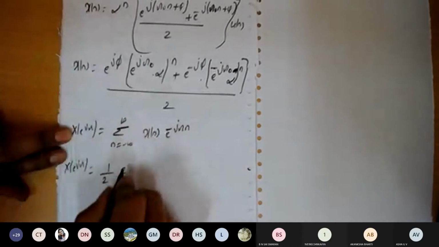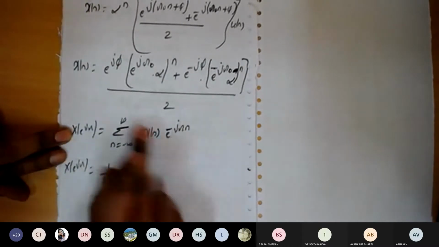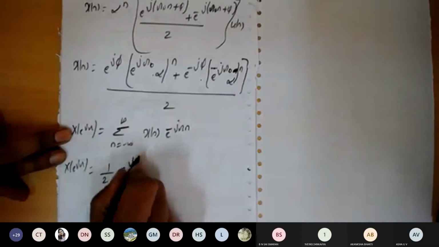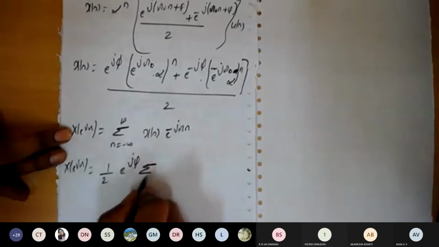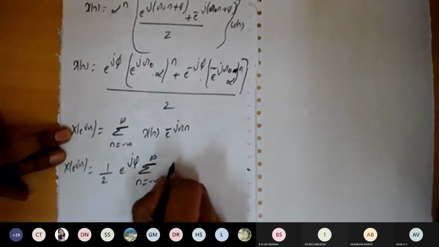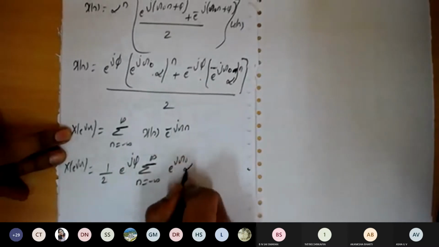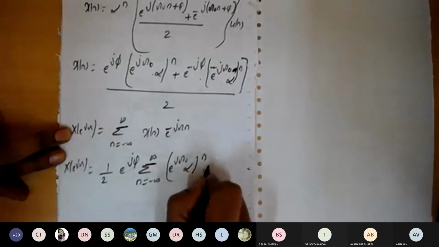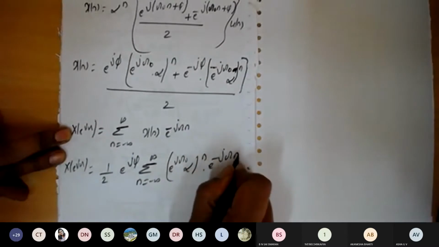I'm going to split the summation and write e to the power of j phi as the constant. The remaining terms are summation n equal to minus infinity to plus infinity e to the power of j omega naught into alpha to the power of n into e to the power of minus j omega n.